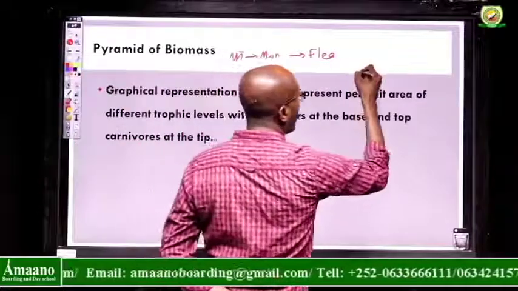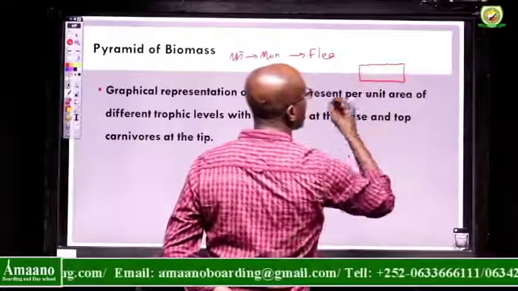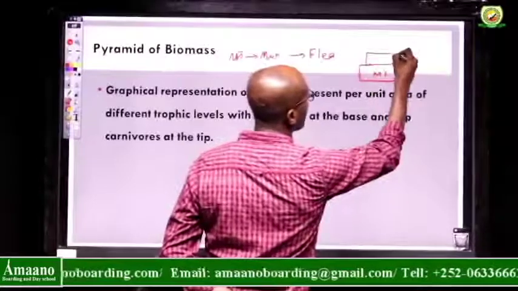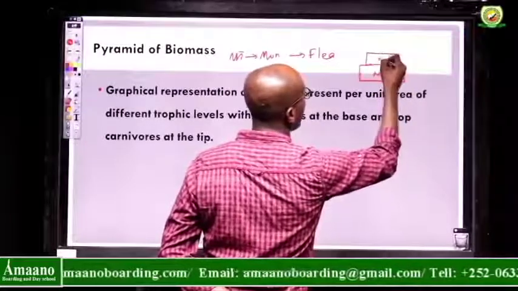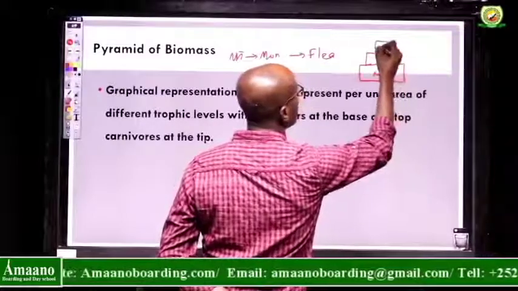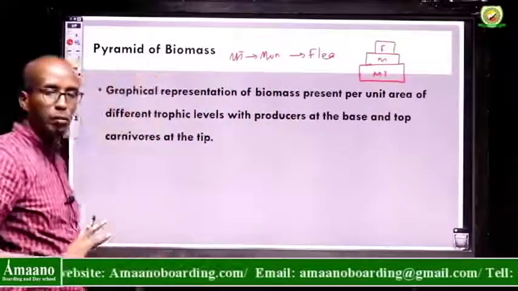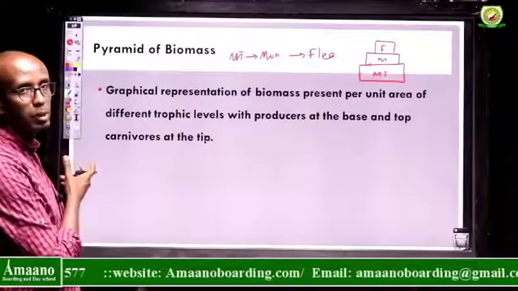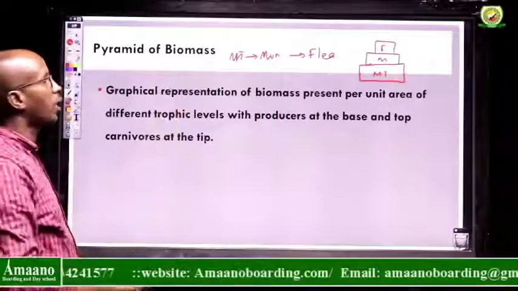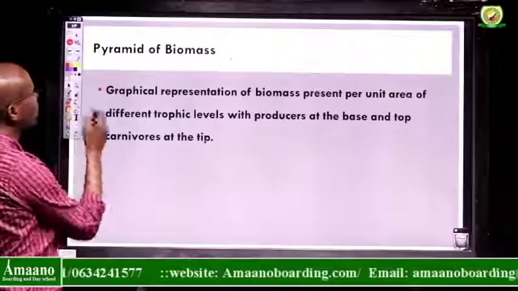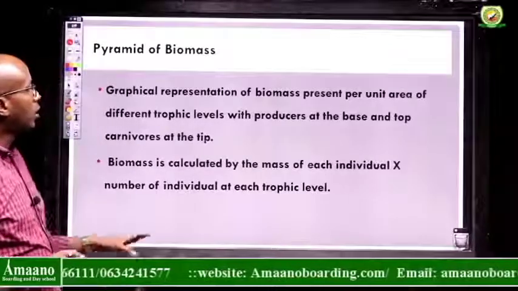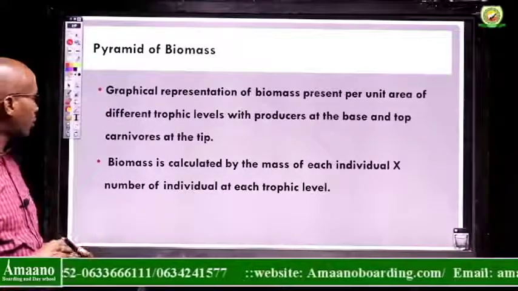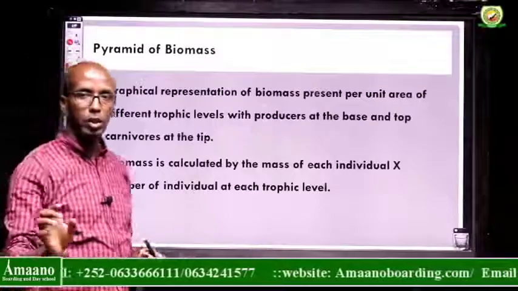The mango tree has greater mass than the monkey, and the monkey has a greater mass than the flea. So you can see, if you use this food chain with a pyramid of biomass, it can become upright. This is because the pyramid of biomass is calculated by the mass of each individual.